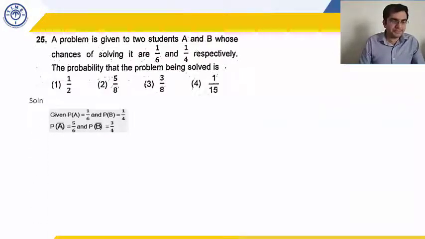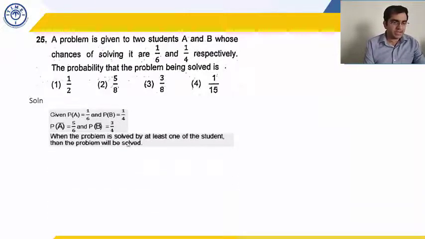So what is the probability that A does not solve the problem? If he solves it, the probability is 1 by 6, so he does not solve it, probability becomes 5 by 6, or 1 minus 1 by 6. The probability that B solves it is 1 by 4, so B does not solve it becomes 3 by 4. Now, when the problem is solved by at least one of the students, then the problem will be solved.